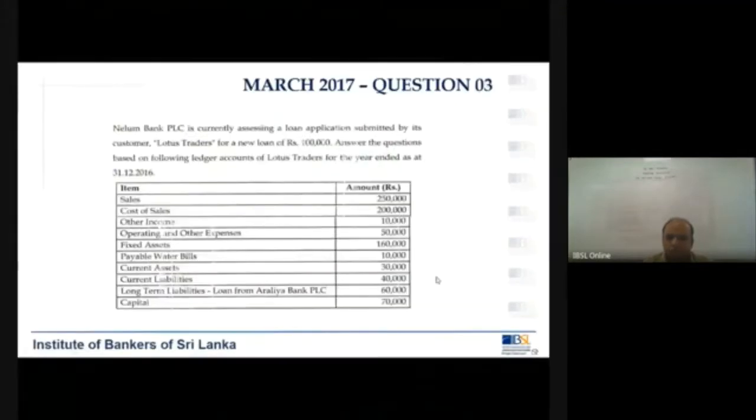Why? You have sales 250,000. Straight away they have given you the cost of sales also. So 250,000 minus 200,000 will give you 50,000 of gross profit. So to that gross profit, what do you need to do? You need to add the other income. So 50,000 plus 10,000 is 60,000. Then you need to deduct what?